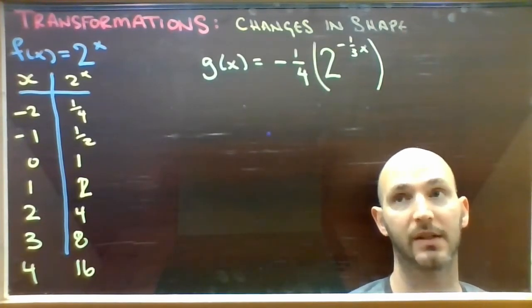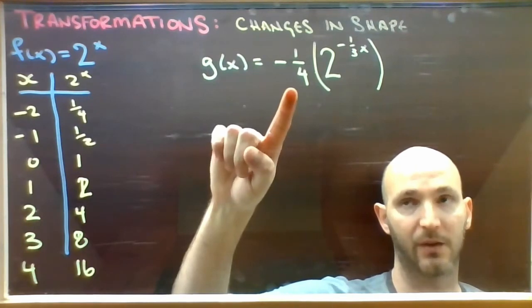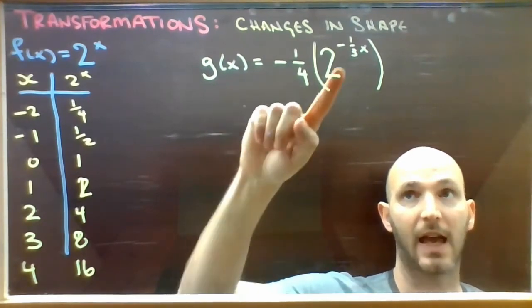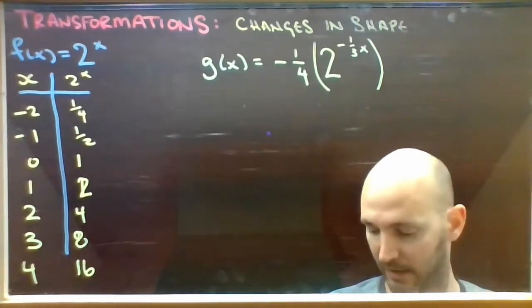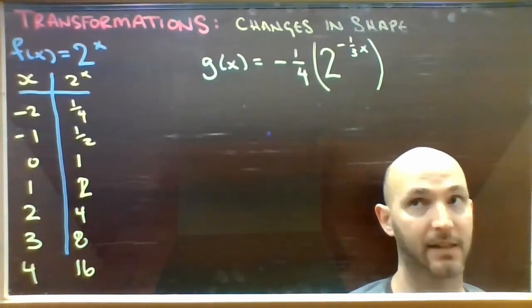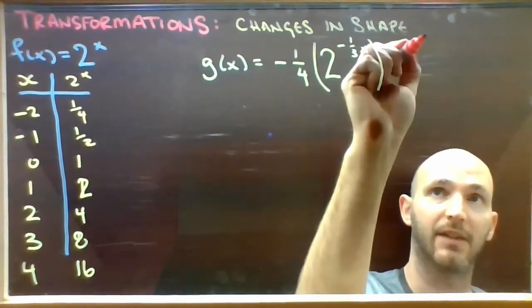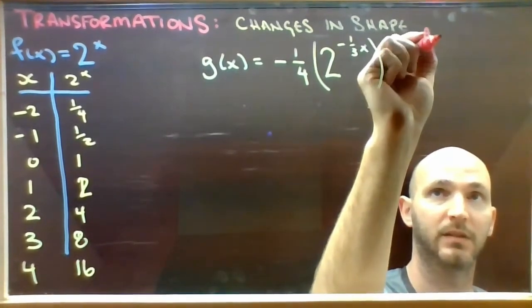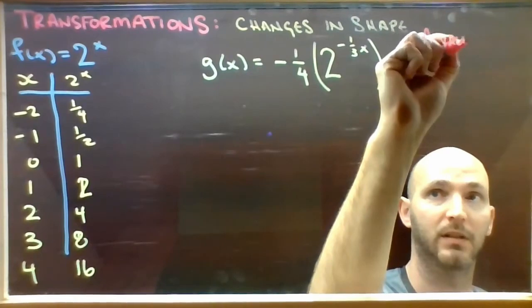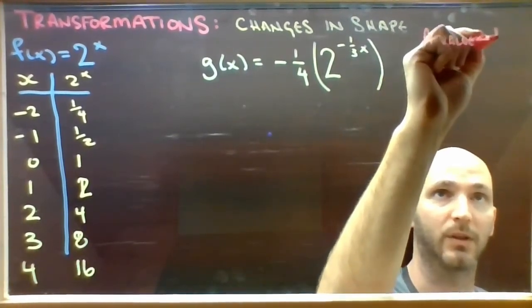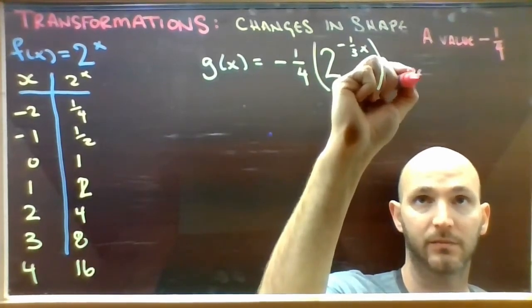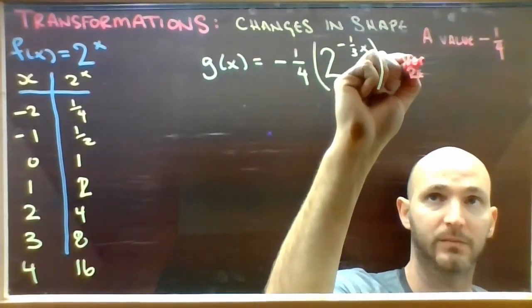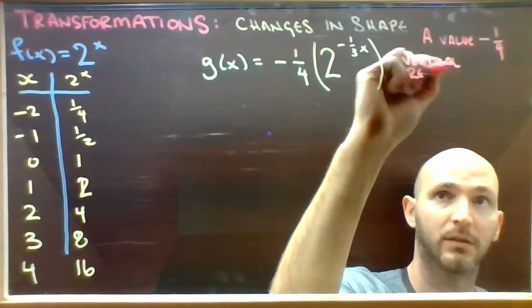Now, you notice that there's a multiplication factor out front, which is negative, and a multiplication factor inside the function, which is also negative. So I have both a and k values here. I have an a value of negative 1/4. Now that is a reflection. This is a vertical reflection.